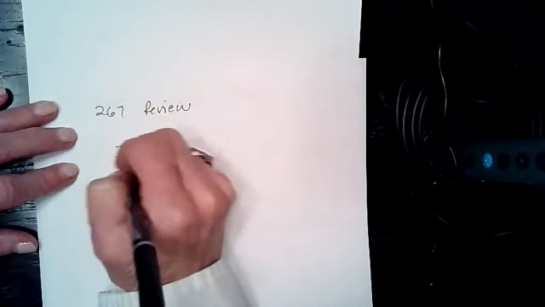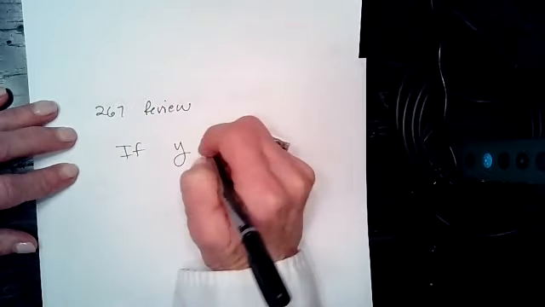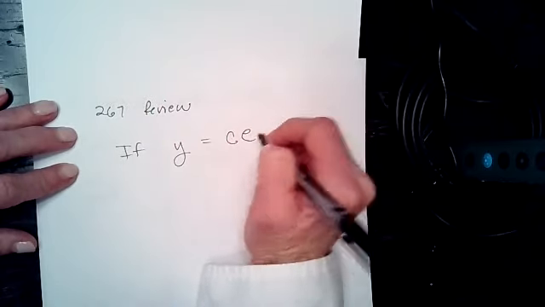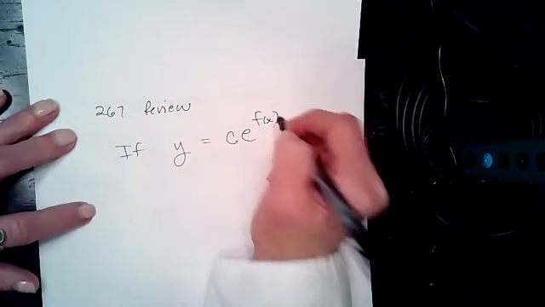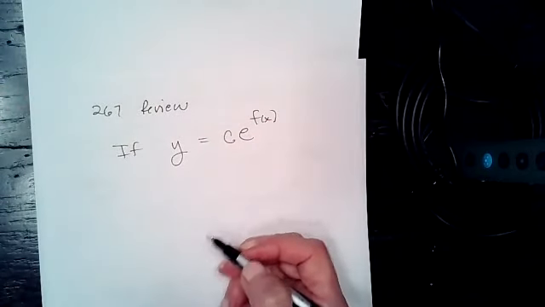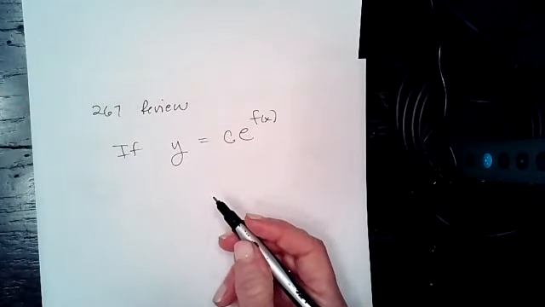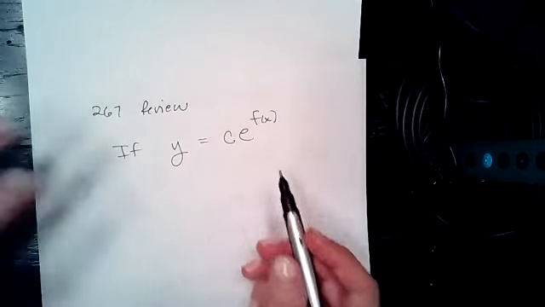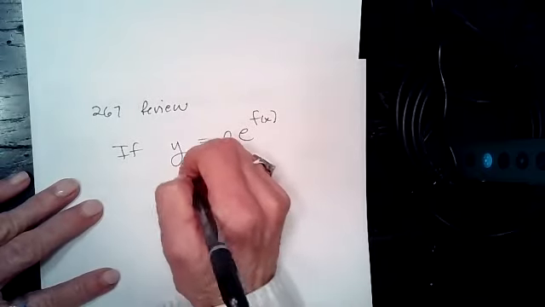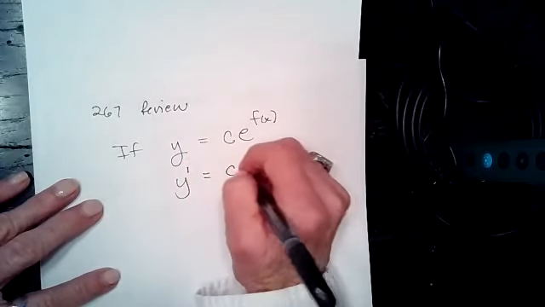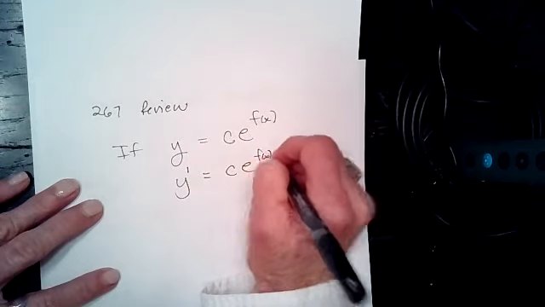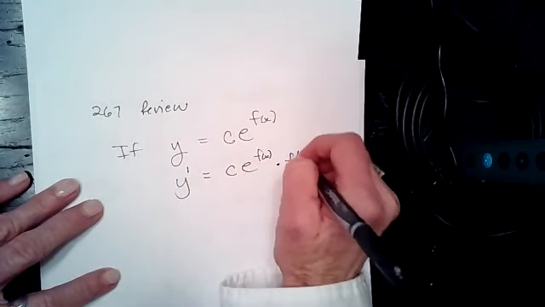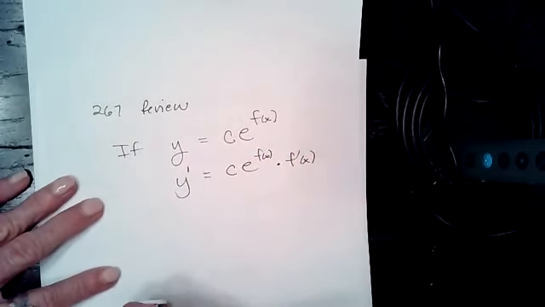And if y is a constant times e to the power, okay, and we've integrated e to a power, we divide by k, c e to the kx divided by k, but remember this is the derivative. Y prime is the constant times e to the power times the derivative of the power, okay?